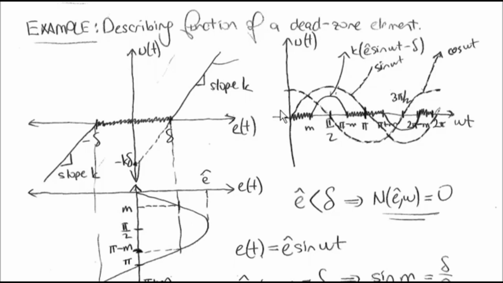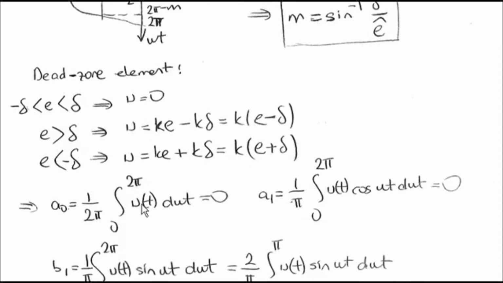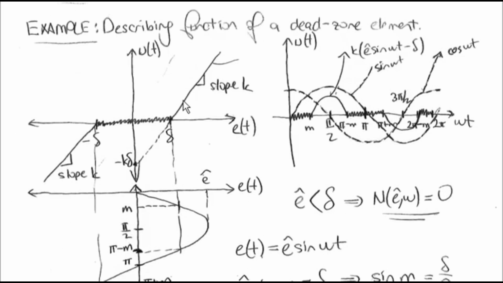This means that the integral of u of t between 0 and 2 pi will be just equal to 0. So A0 is again going to be equal to 0. And remember, this was because of the fact that this nonlinearity is an odd function. It is anti-symmetric with respect to the y-axis here. That is why A0 is equal to 0.